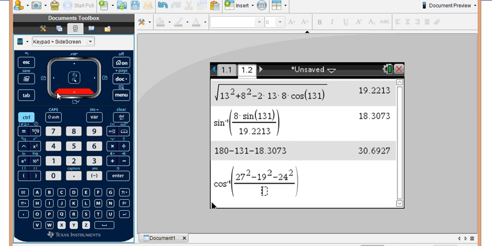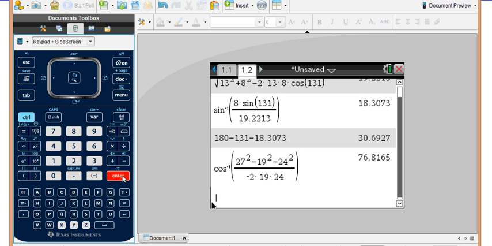And let me make sure that's right, looking at my drawing. Yeah, I think that's right. Divided by negative 2 times 19 times 24. And let's see what that is. We get 76.8165 degrees. Does that make sense? I think it does.